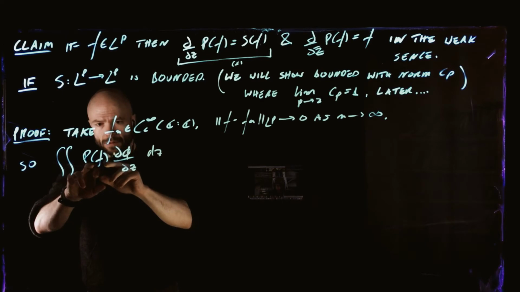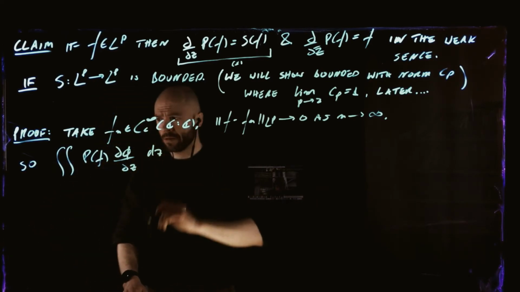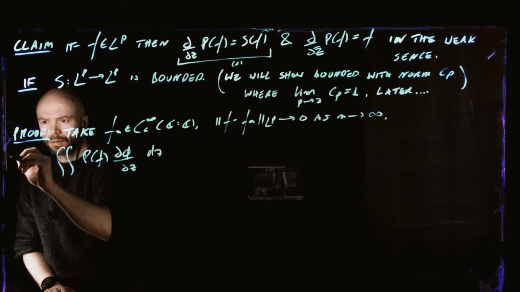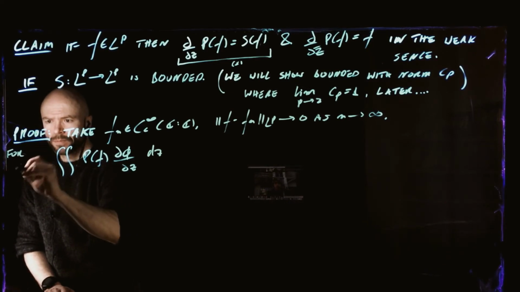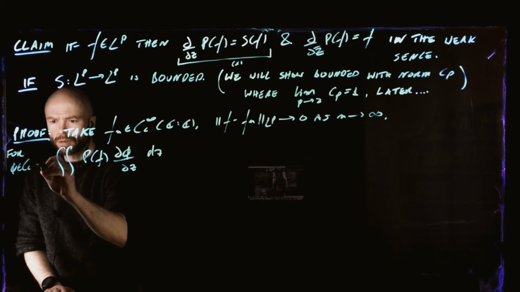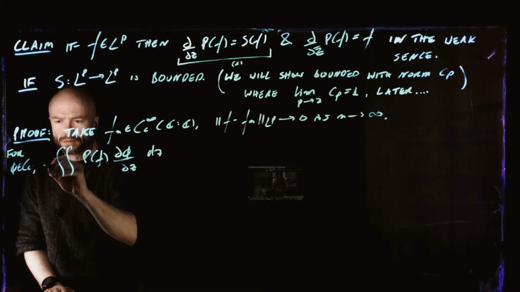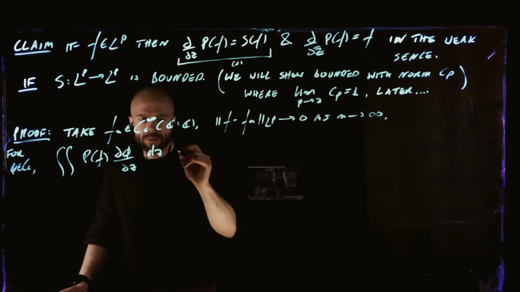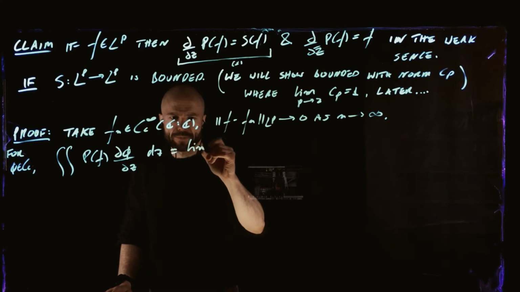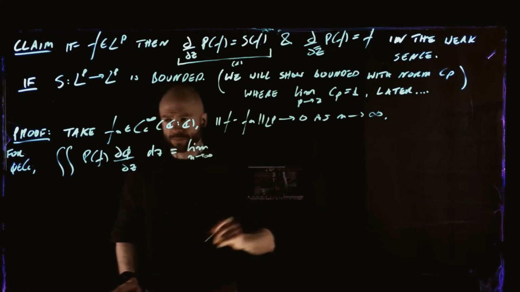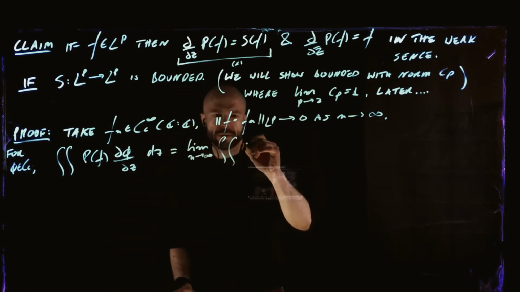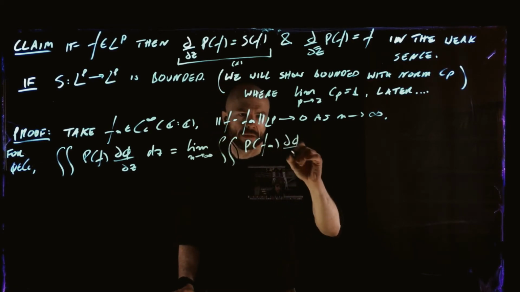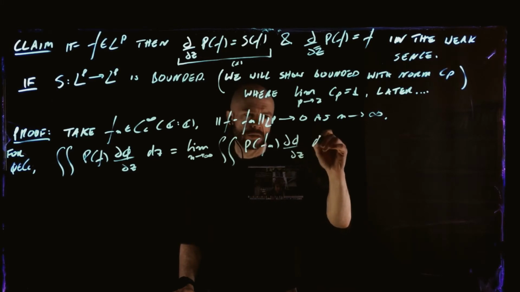Now, we know that this has got compact support, right? So for phi, which is of compact support, we have this expression right here, right? And our claim is that this is equal to the limit as n goes to infinity of this thing.